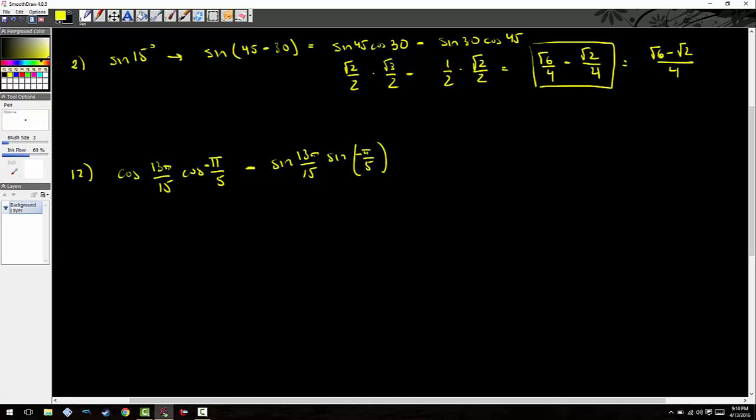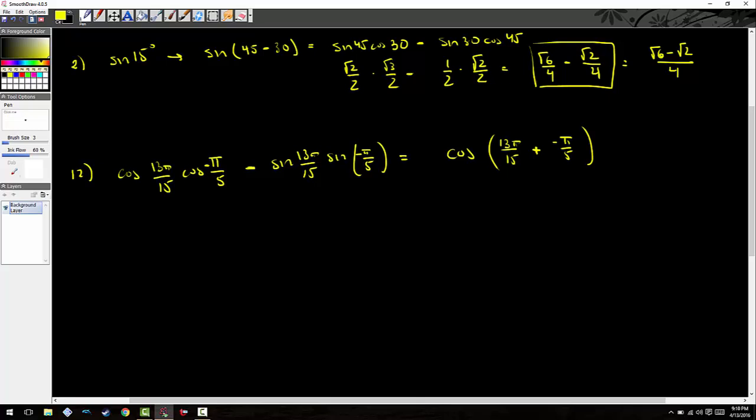So, again, I'm working backwards here. Since my pattern's going cosine, cosine, sine, sine, that means that I'm using sum and difference for cosine. And it looks like the two angles in question here are 13 pi over 15 and negative pi over 5. And I'm going to be adding these things together because they were being subtracted on the outside.